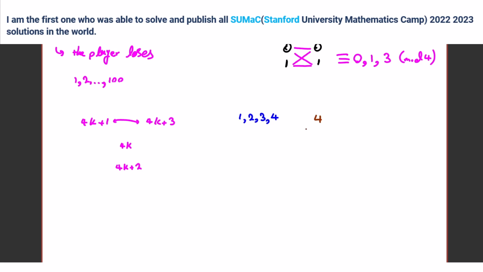Okay, I have to take 1 or 3. If you take one of them, I take the other one, right? Then you take 2 and you are the loser, right? Yeah. Okay, so W of 4 is what?